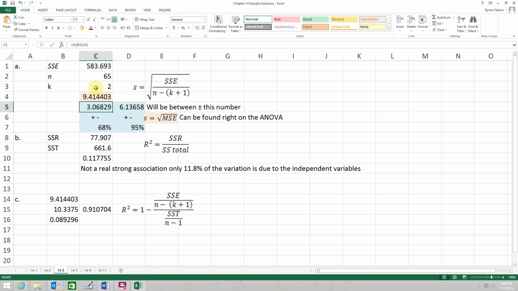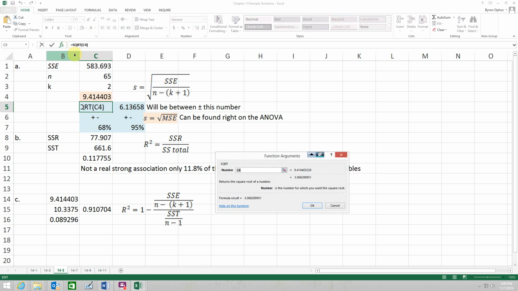I should be good, right? So that's the total underneath the square root. It's good to do it this way because you're going to need it down here. If you do that before the square root, then all you have to do is take the square root of that, which of course we've done 100 times. Square root of this number.